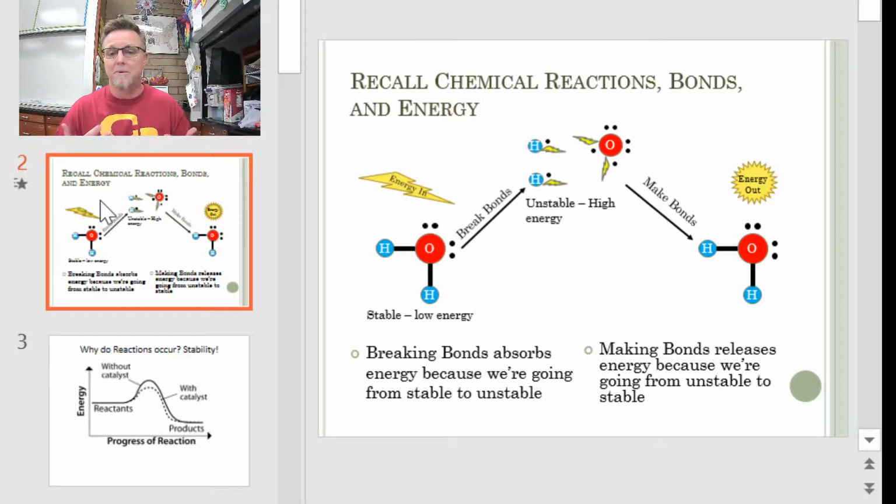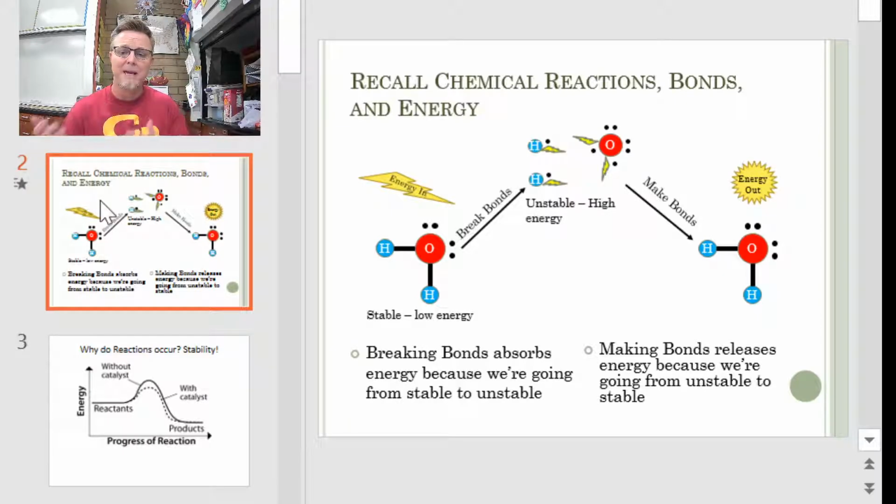How do we determine whether an atom is happy? Well, we look at the octet rule. Does it have all the electrons it needs in its outer shell? Is it electrically neutral? Are all of the electrons paired up? If that's all true, then the atom is stable or happy. If any one of those things is not true, then the atom will be unstable or unhappy.